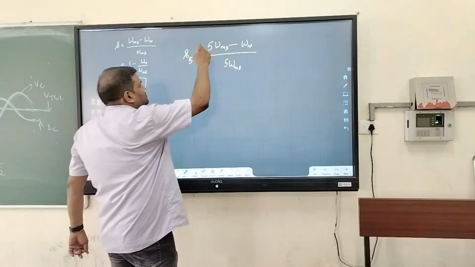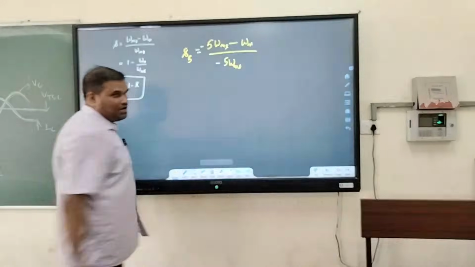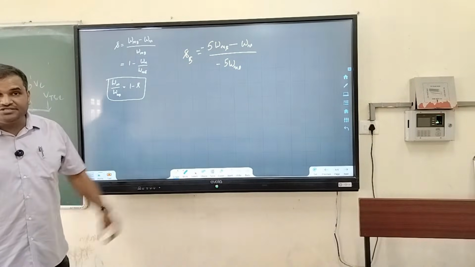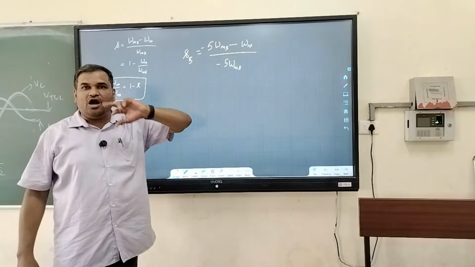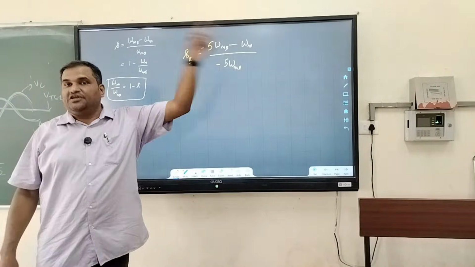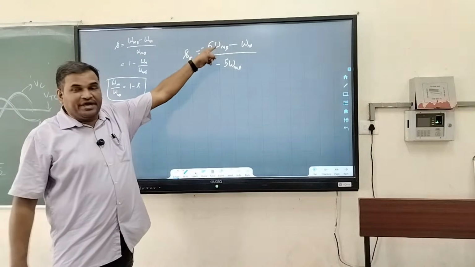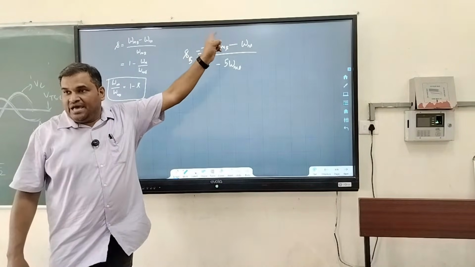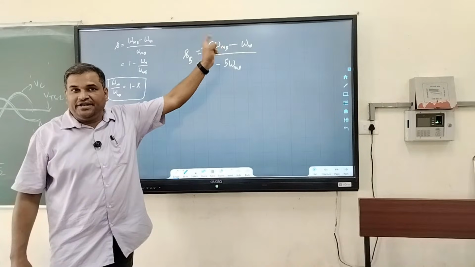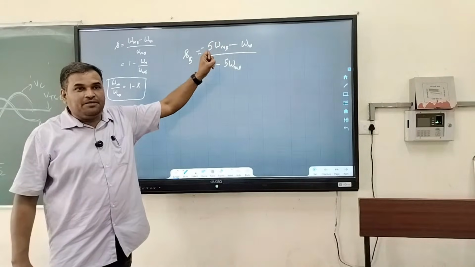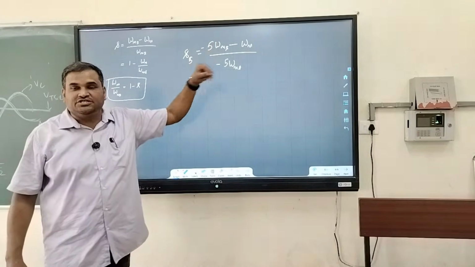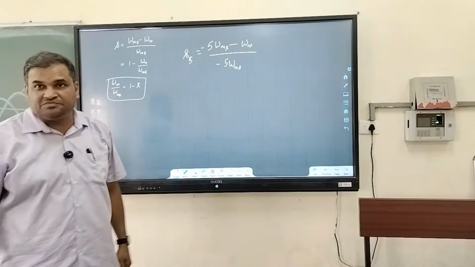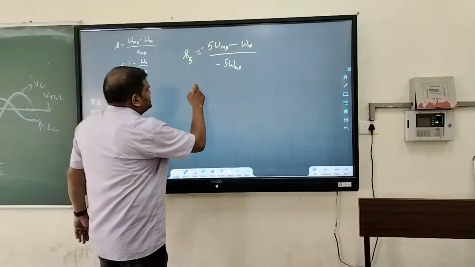So can I say it is minus and minus over here? Because the synchronous speed is not in the forward direction, it is in the reverse direction. So instead of omega ms, we can write minus omega ms, and multiply that term with 5 because it is 5 times the synchronous speed.